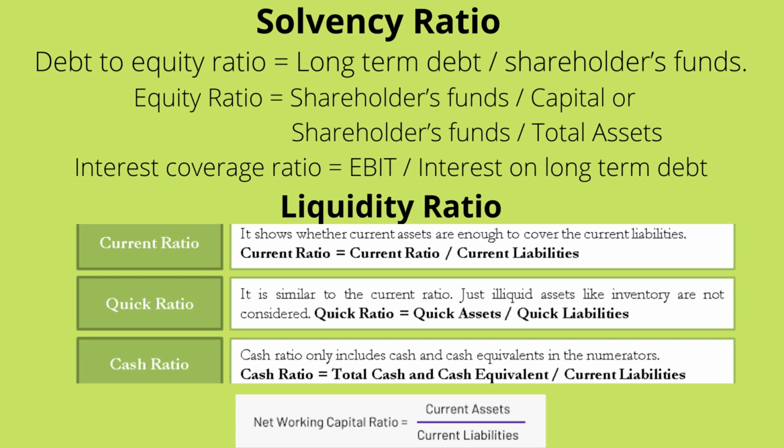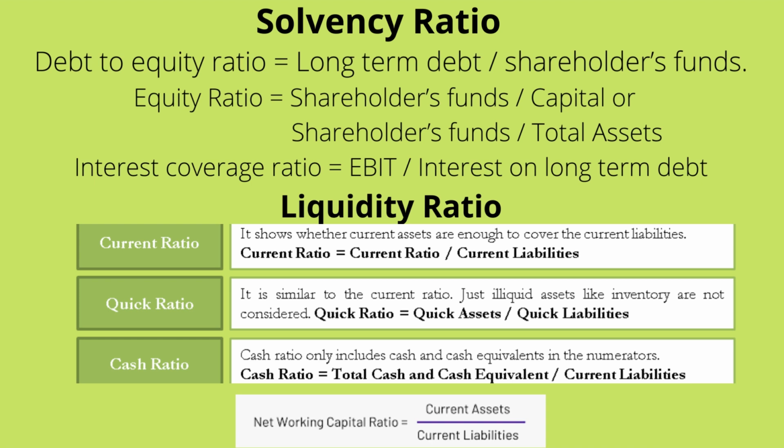Questions on this come in exams, on how to find the interest coverage ratio. The interest coverage ratio formula is earning before interest and tax divided by the interest on long term debt. Earning before interest and tax is also known as the net profit before interest and tax.